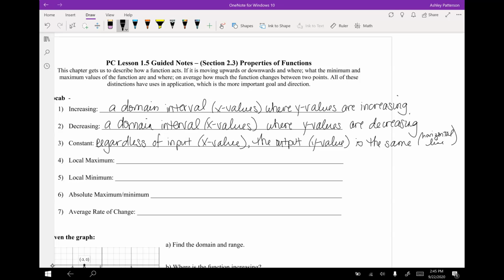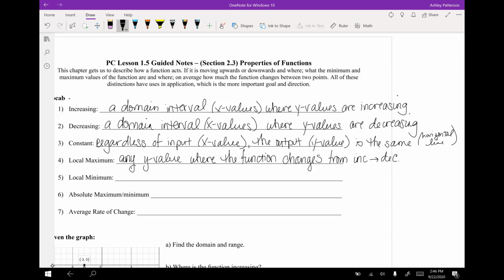Local maximum. Okay, local maximum is any y value where the function changes from increasing to decreasing. And yes, I'm totally abbreviating.